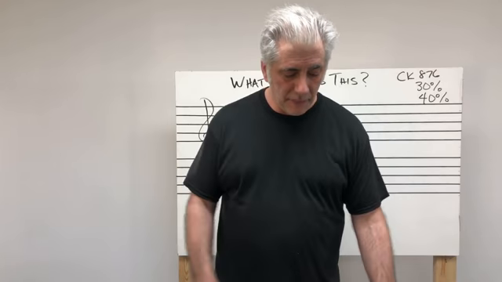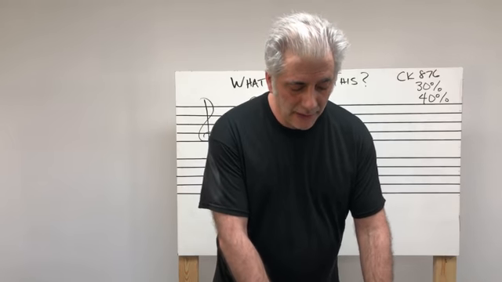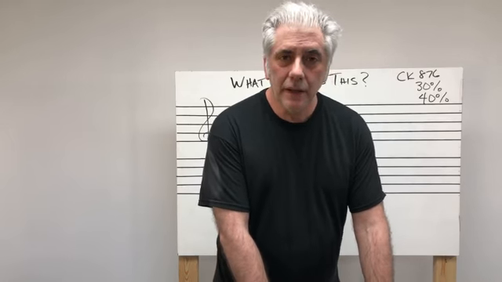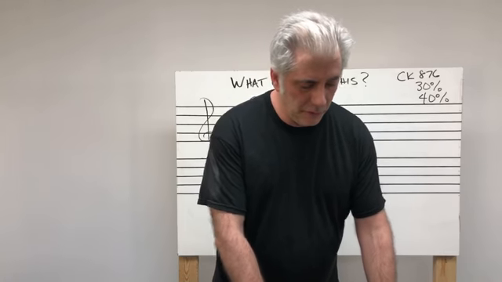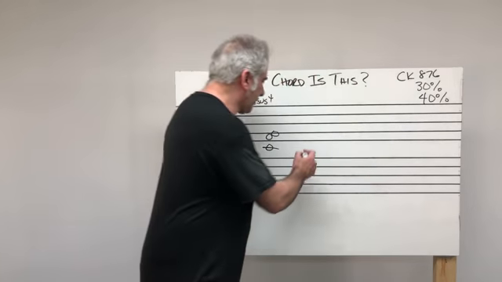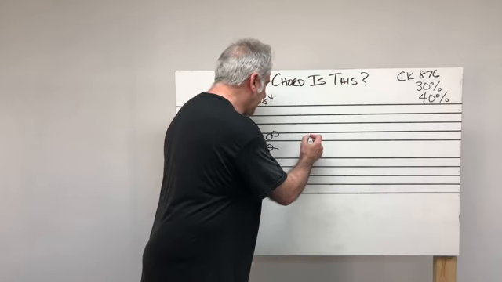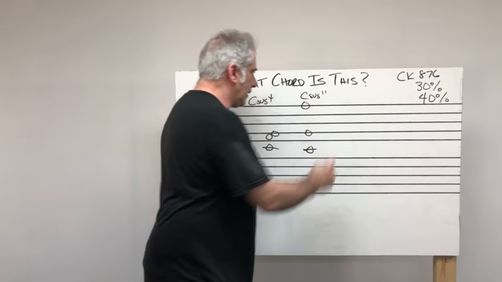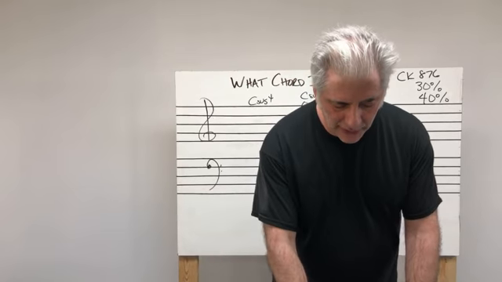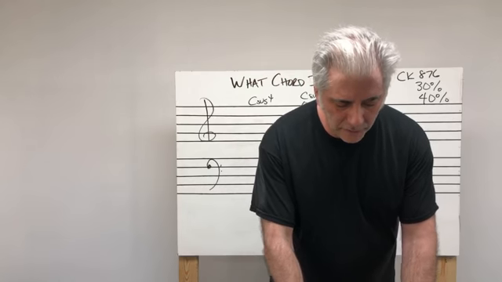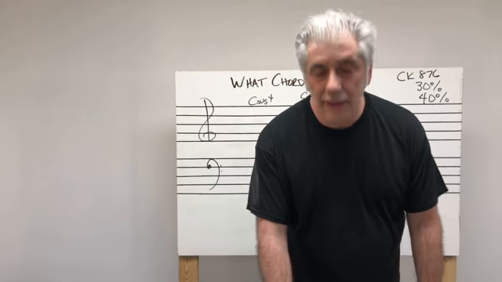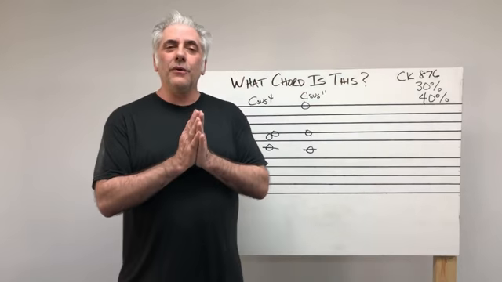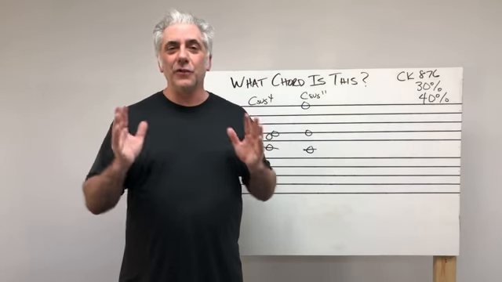That note would be the 11, because it's 11 notes away from the root. So I call it C sus with the 11. If I count the scale degrees, 1, 2, 3, 4, 5, 6, 7, 8, 9, 10, 11 notes away from the root. This is how these extensions work.